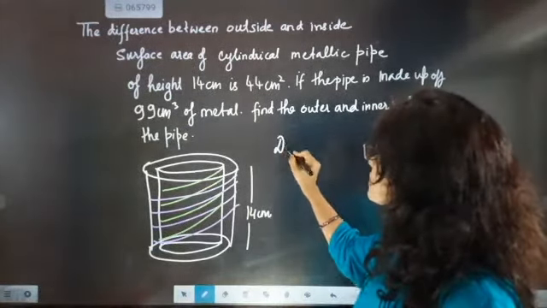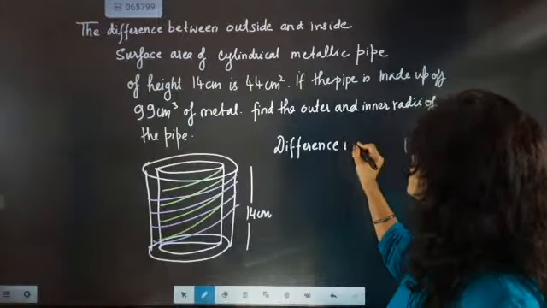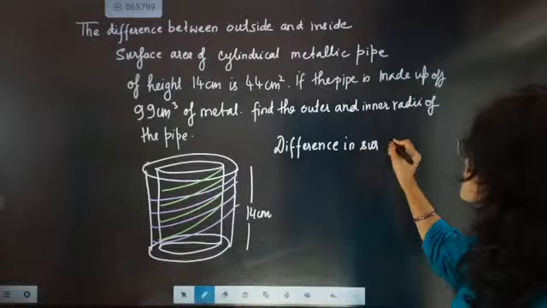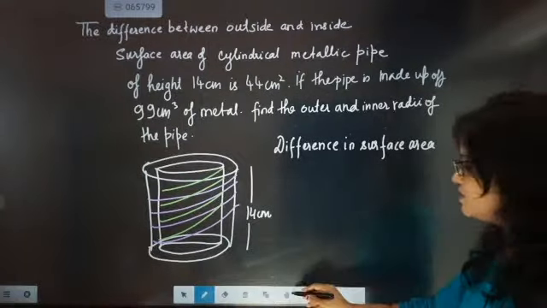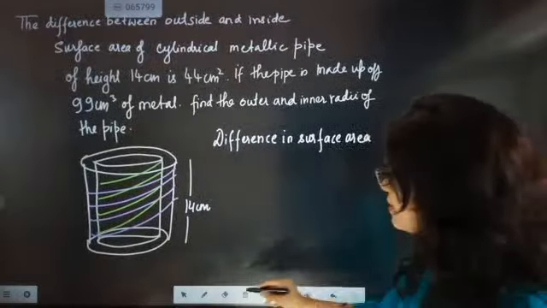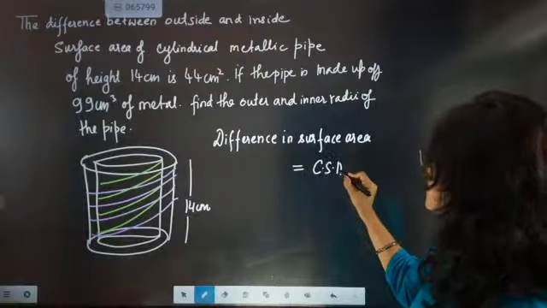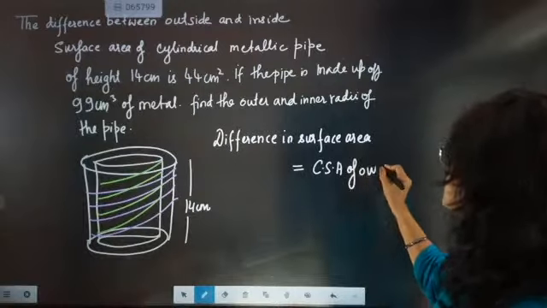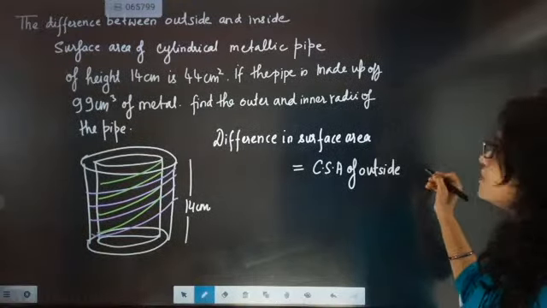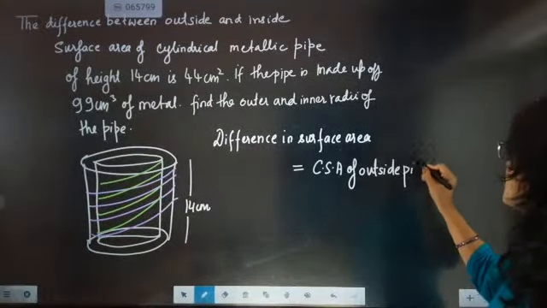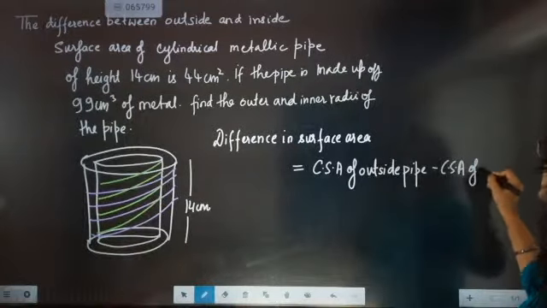So difference in surface area will be equal to CSA of outside pipe minus CSA of inside pipe.